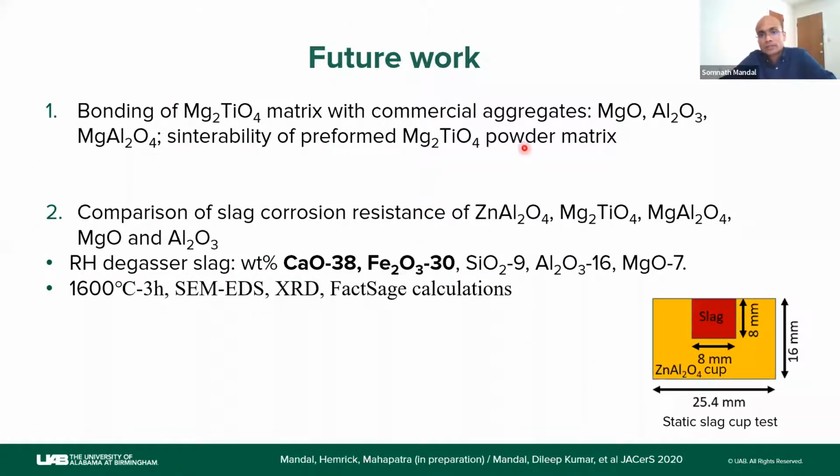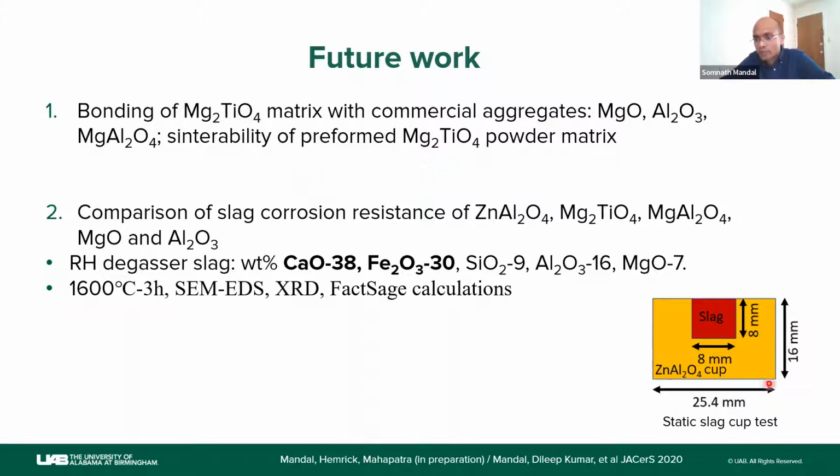In future work, we need to study the bonding of magnesium titanate matrix with the commercial refractory aggregates, so that this will tell whether magnesium titanate should be added as an additive to magnesia, spinel, or alumina. And also we can check the sinterability of the magnesium titanate powder, which can help in comparing its sinterability with the other matrix materials used in the refractory industry.